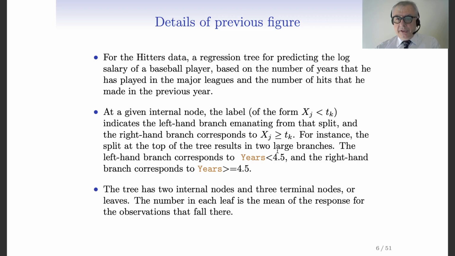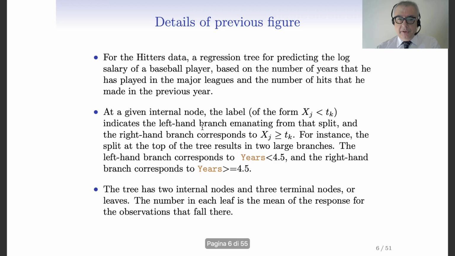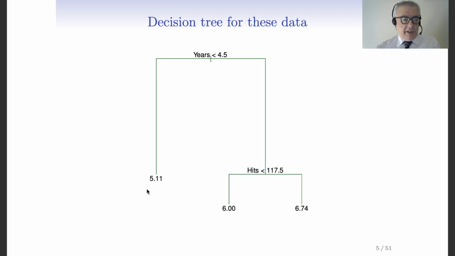And this explains what we have already said. This tree has two internal nodes, the tree that we have just seen. You can see internal nodes 1 and 2, and 3 terminal nodes or leaves. The terminal nodes are 1, 2, and 3, and these are called leaves.